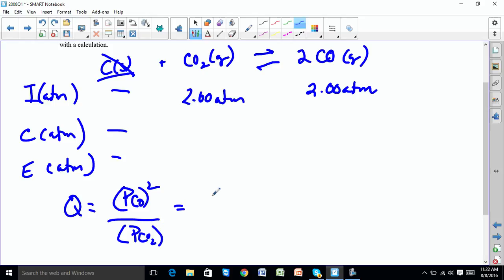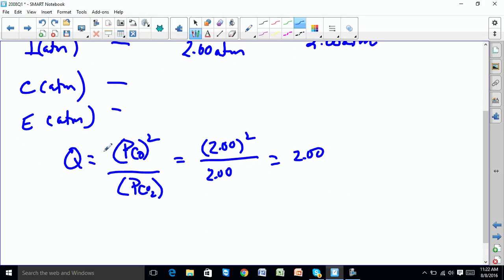And so here's the deal. This is 2 squared, and this is 2. I could do this without a calculator. 4 divided by 2 is 2. Now the reaction quotient is 2. So what you do with the reaction quotient is you don't put in the equilibrium conditions, because if you're using the equilibrium numbers, it's not called Q, it's called K. You put in the initial conditions, and it's 2.